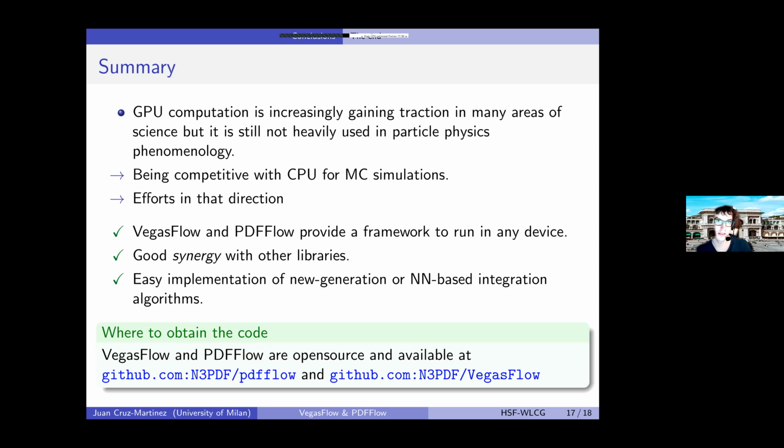No, yeah. So in the VegasFlow repository, if I remember correctly, otherwise in PDFFlow, there is an example of integration with CUDA with C, and in the PDFFlow repository there's an example also with Fortran, which I guess is useless in this context.